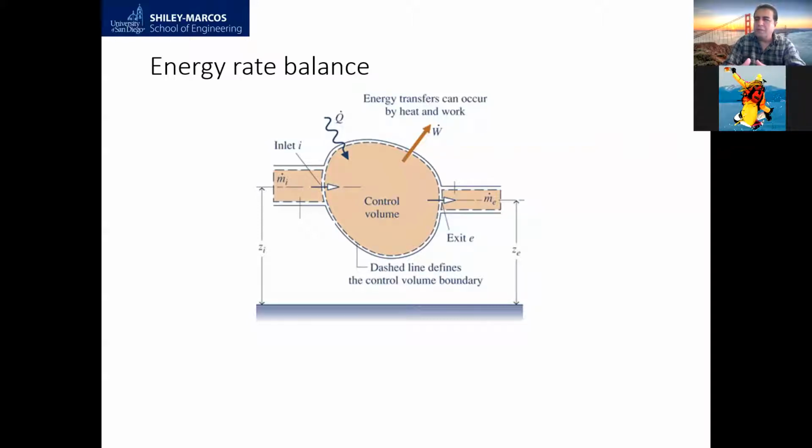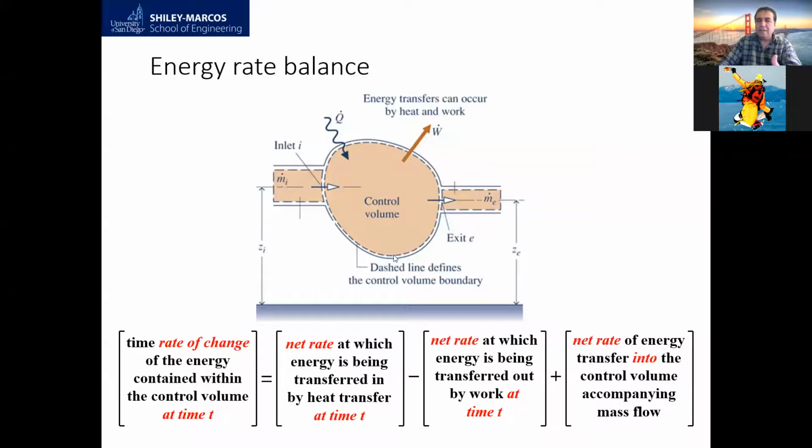W dot means rate of work, Q dot means heat transfer rate, and m dot is the mass flow rate. We're going to have internal energy, and we're going to be dealing with kinetic energy and potential energy. In some situations, we might just ignore the potential and kinetic energy.